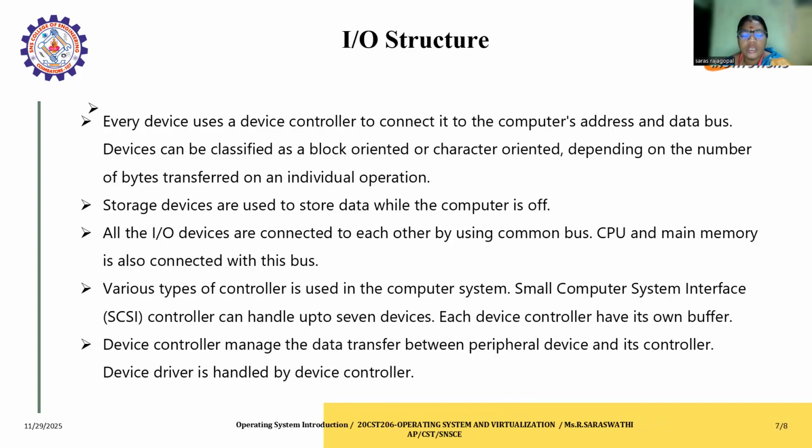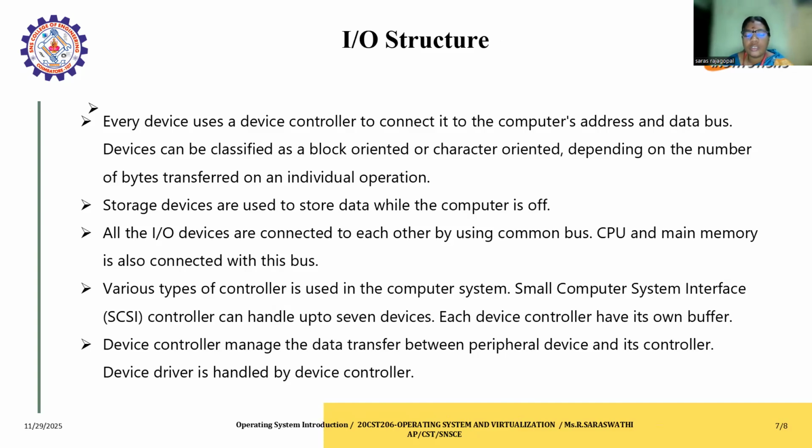I/O structure. Each device uses a device controller to connect it to the computer address and data bus. The devices can be classified as block oriented or character oriented, depending on the number of bytes transferred in an individual operation. Storage devices are used to store data if the computer is off.